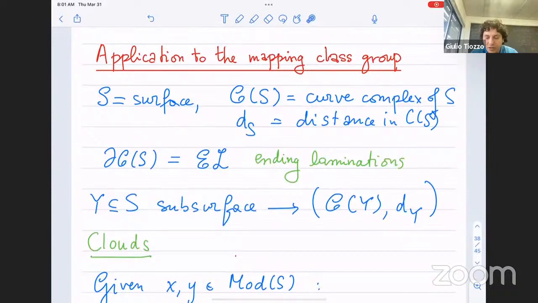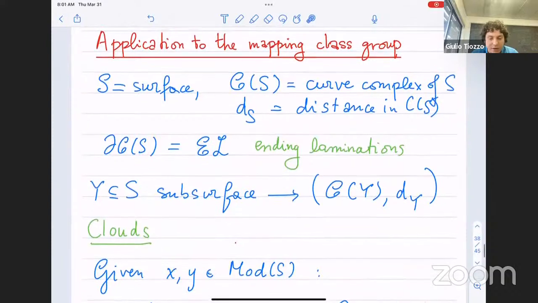We have the curve complex of the surface, which again is a nice hyperbolic space, and we call d_S the distance in this complex. This complex has a Gromov boundary, which is describable as the space of ending laminations. But in any case, we don't care too much about the specifics of that identification, but we know that this has a nice Gromov boundary.